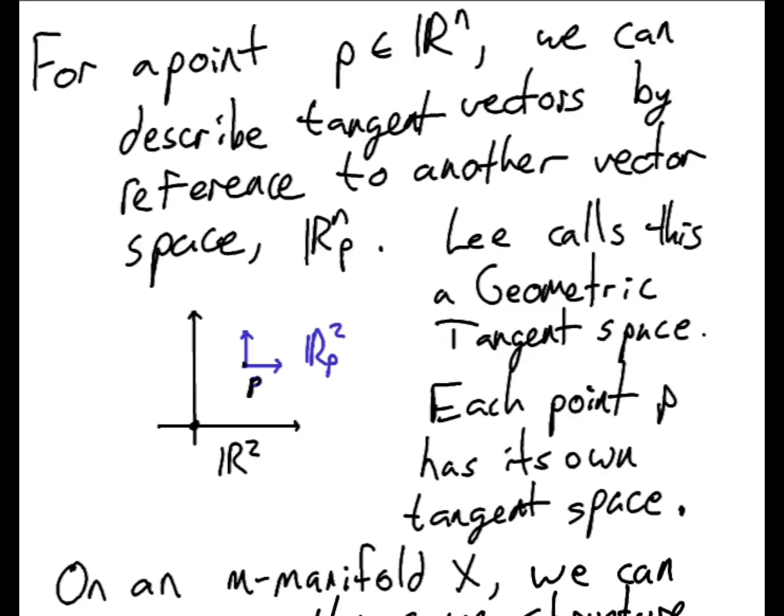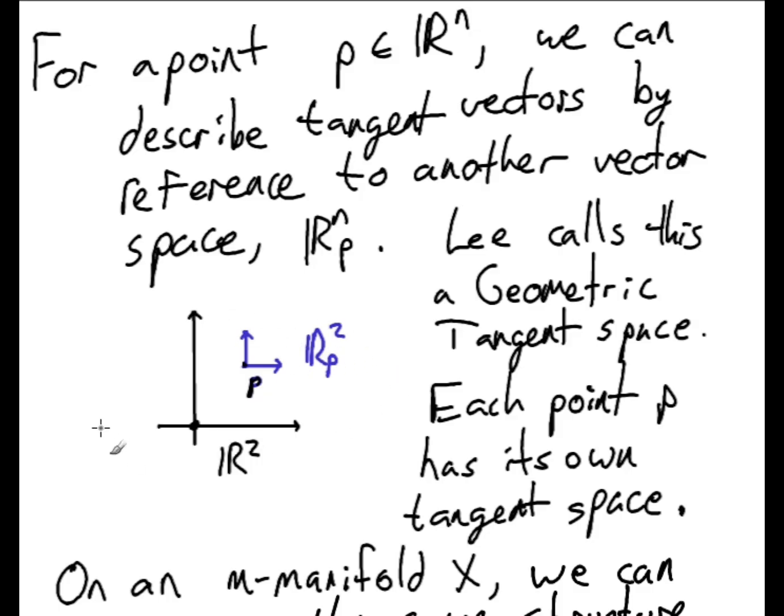And this starts off our discussion of tangent spaces. If we look at a point in Rn, if we look at just a vector space, then we can describe tangent vectors by reference to another vector space.